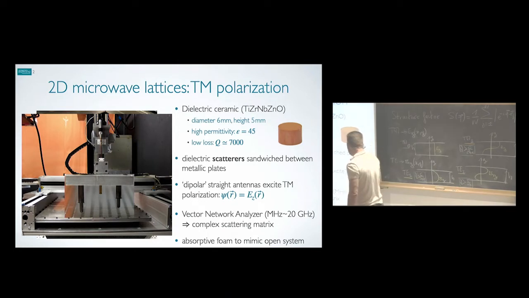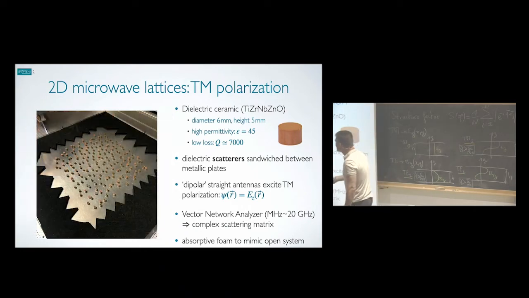Everything is controlled by what is called a vector network analyzer, but for a physicist, this device is simply something which gives you the full complex scattering matrix, with the two reflections by the two ports, two antennas, and the two transmissions. If we need to simulate an open system in the plane, we can put some absorptive foam on the boundary.